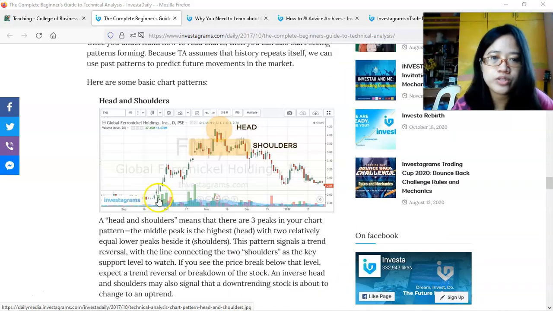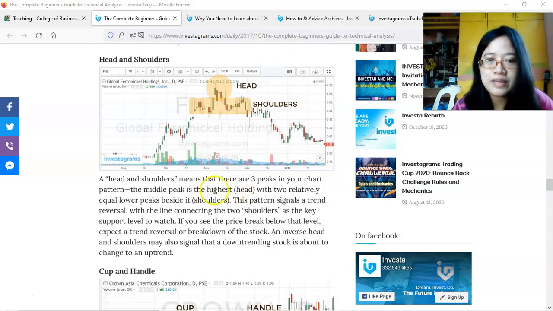So, the examples. Head and shoulders daw. Ayan. So, you have your pinakang peak, tapos yung before and after niya. Ito, before and after. Yun yung nagsisilbing parang shoulders ng chart. Means that there are 3 peaks in your chart pattern. So, the middle peak is the highest.